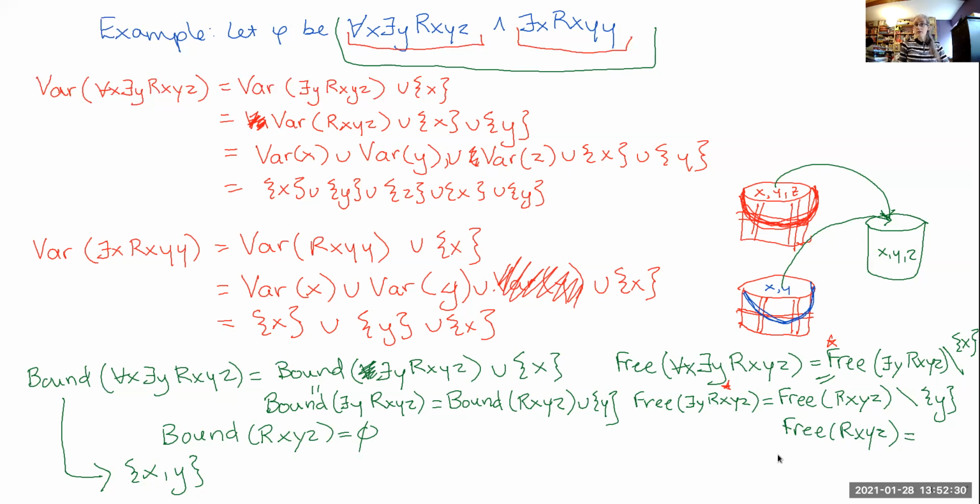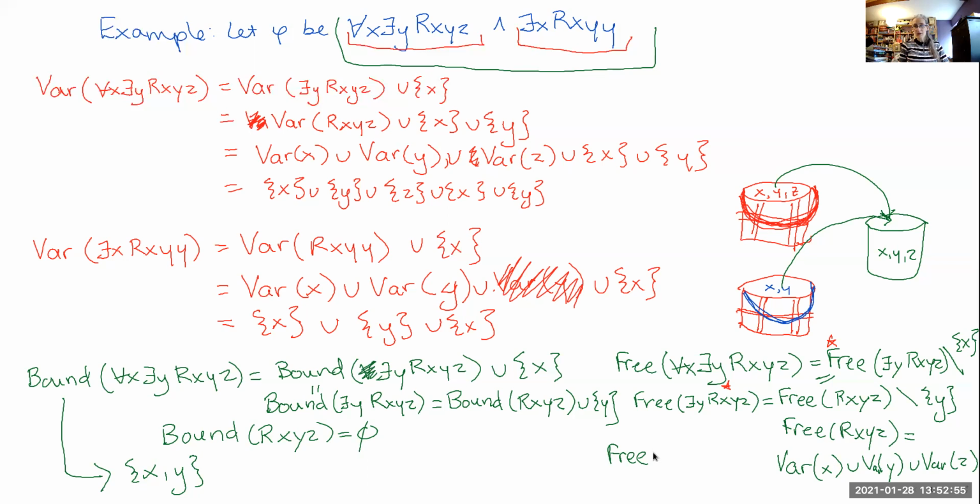Over here, again, the free variables of R(x, y, z) just are going to be the variables in x and in y and in z. So in this case, we have x, y, and z, except we take away y and we take away x.